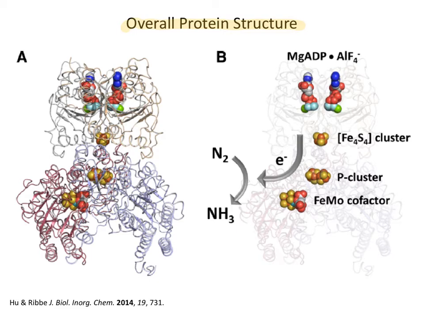ATP is cleaved, causing a subsequent conformational change, which prevents back transfer of the electron. The electron during this process leaves the iron protein and enters into the iron molybdenum cofactor via the P cluster. This process then has to repeat 8 times using 16 ATPs, 8 protons, 8 electrons.